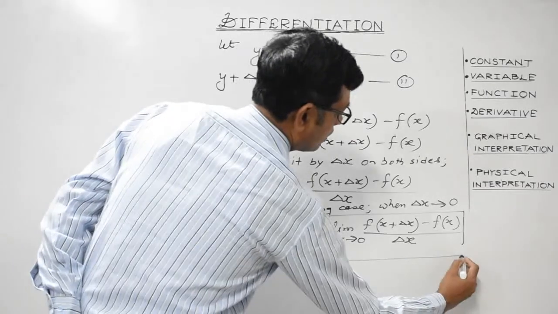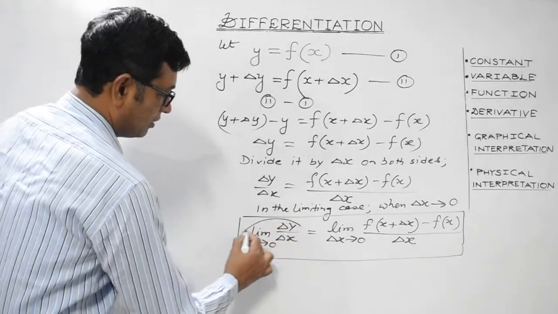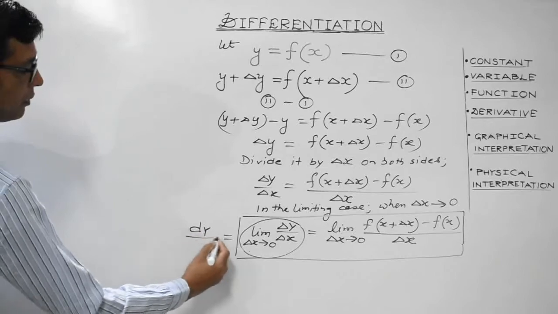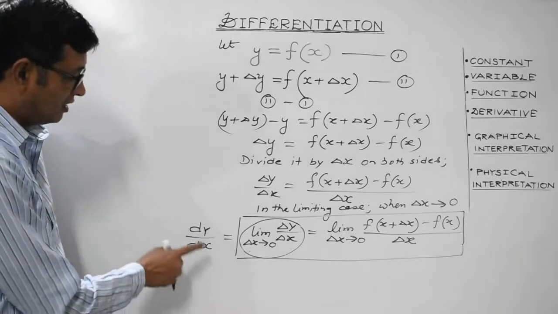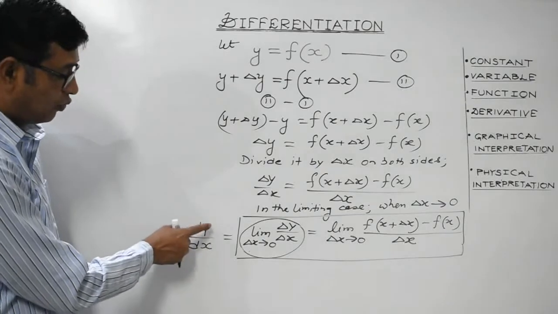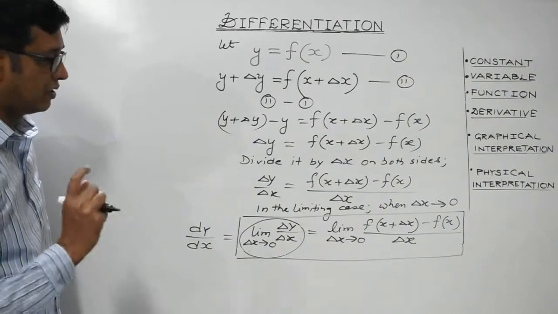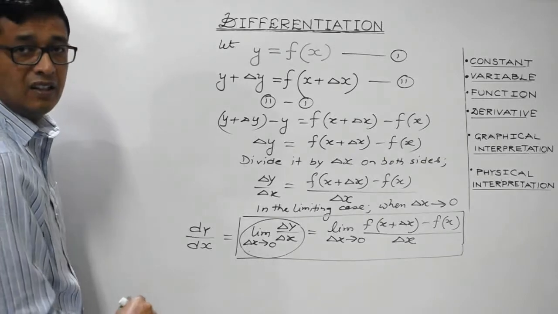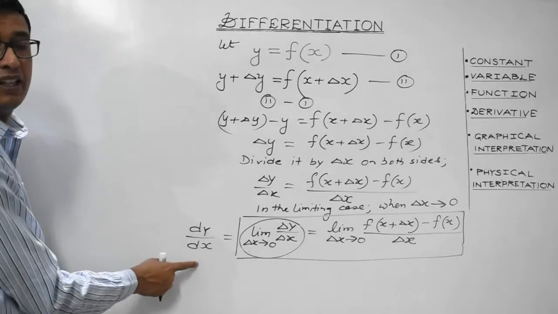So in calculus, this term is represented as dy by dx and is known as the differential coefficient or the derivative of y with respect to variable x. I repeat, when del x approaches 0 in the limiting case, limit del x approaches 0 of del y by del x is represented in calculus by dy by dx.